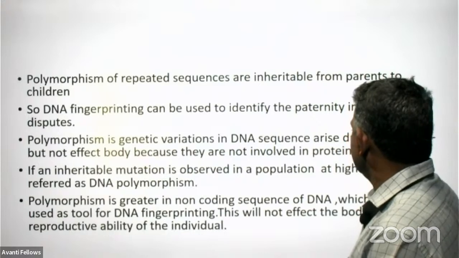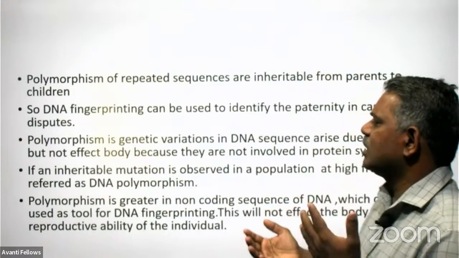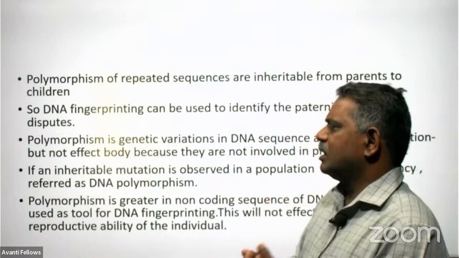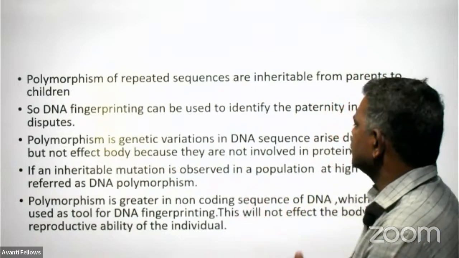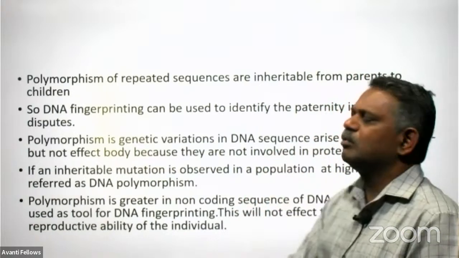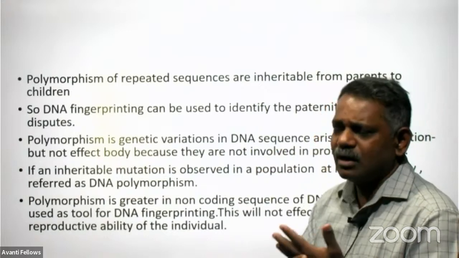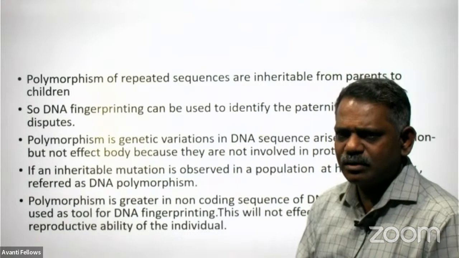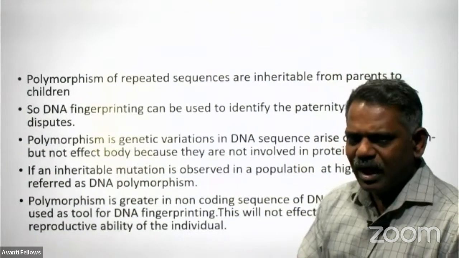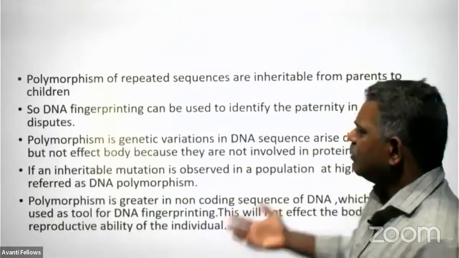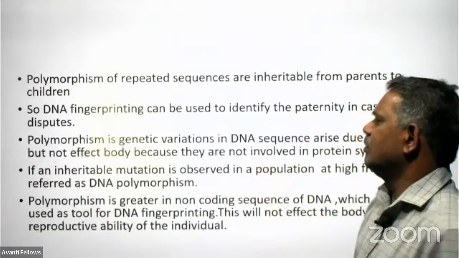And these repeated sequences are not affecting the characteristic features of the individual, even though they go through mutation. Why? Because the repeated sequences are not coding for any kind of protein. So if anything happens in the chemical nature, it will not affect the function of the individual.